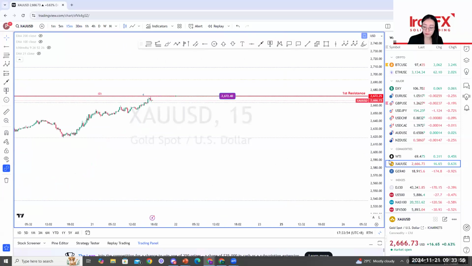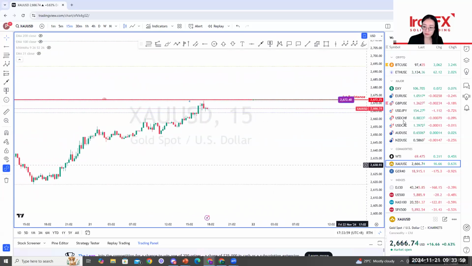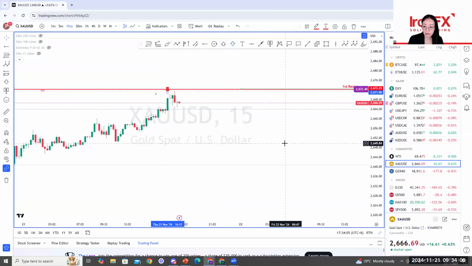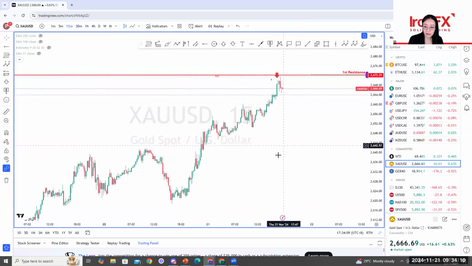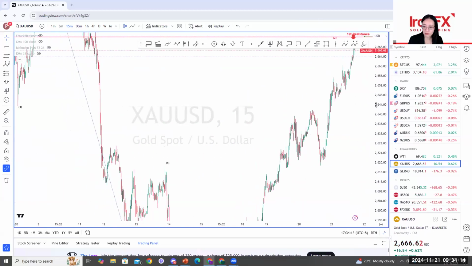Shall we wait for the second formation? Okay, based on M15, it seems like I saw the price action here. Okay, so let's just see whether price will drop from this level.